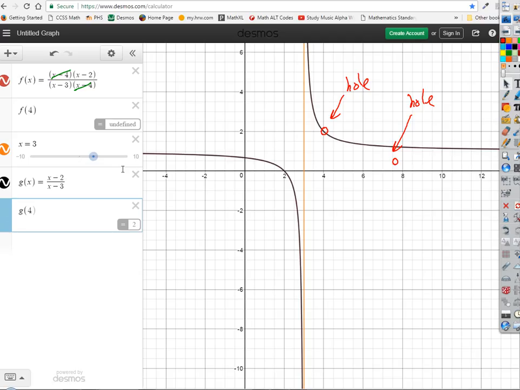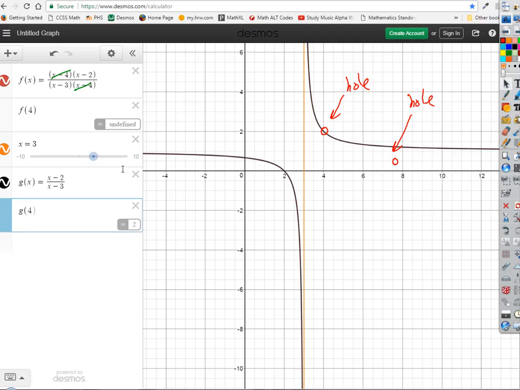So we could graph the shape of the function. They're the same. They have the same vertical asymptote, right? But what's the one thing I would have to add to the simple black function to get the correct red function back? We'll have to add that hole, don't I? I have to add the hole because in this function I can see that 4 needs to be excluded from the domain, but it doesn't look like it does there, right?